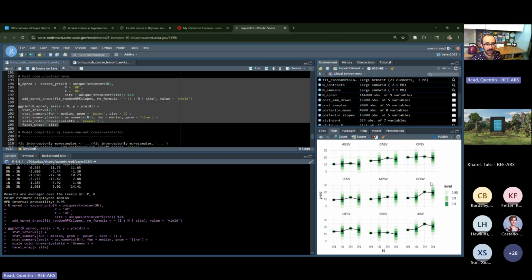And I believe that you can see that the uncertainty is a different magnitude for some of the different levels, and I believe that is because of the incomplete block design. Not all of the treatments are equally represented at each site. So treatment combinations with less data will have more uncertainty.